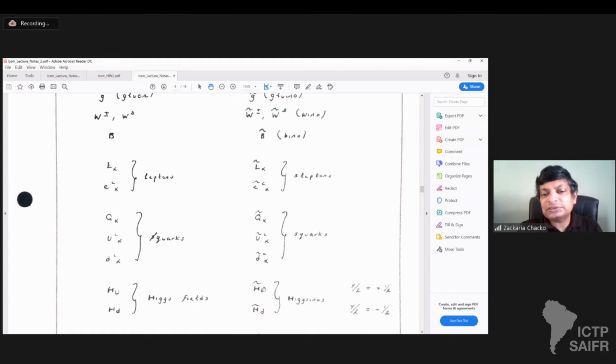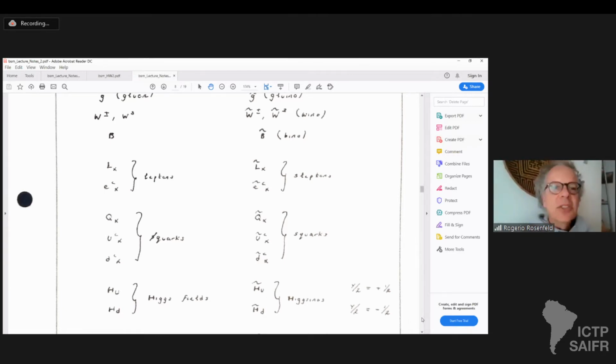So these are a vector-like pair, and so the anomalies will cancel. You can write a mass term for these two guys so that they are vector-like. Then this guy will have hypercharge -½. So the anomalies will cancel, then the theory is consistent. But then the superpartner of this guy means that you must have a separate second Higgs. So it's a 2 Higgs doublet model.